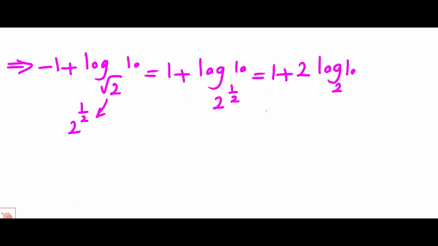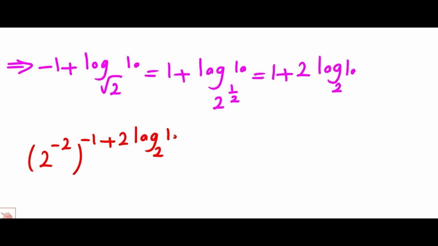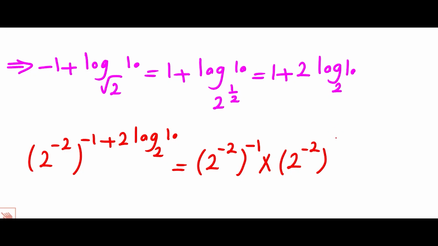So our expression is now 2 to the power of -2, all to the power of (-1 plus 2 log base 2 of 10). Let's distribute that exponent, meaning 2 to the power of -2 to the power of -1 times 2 to the power of -2 to the power of 2 log base 2 of 10.